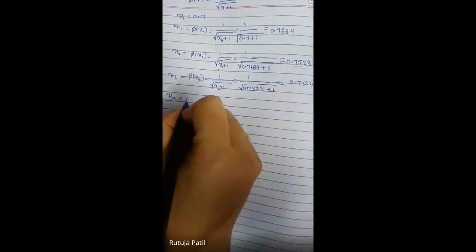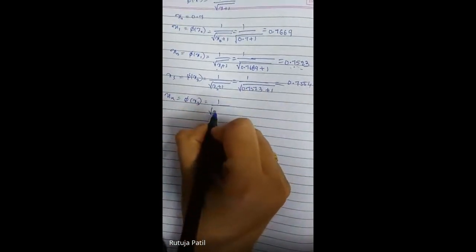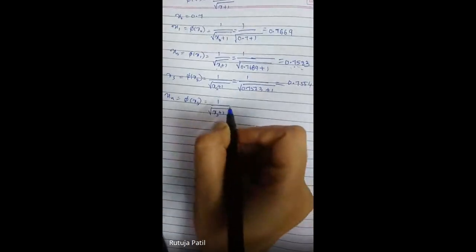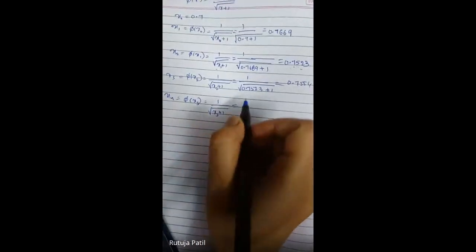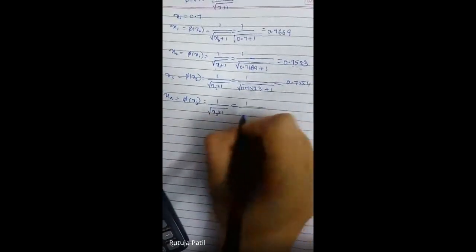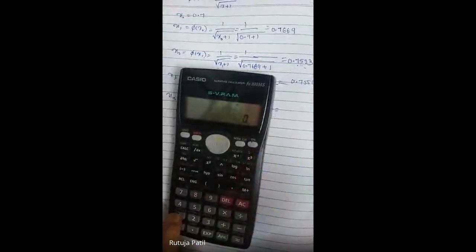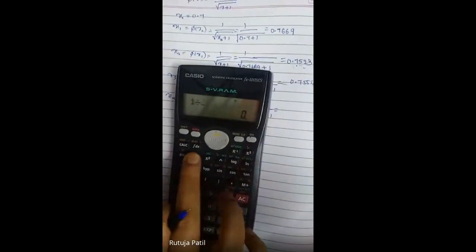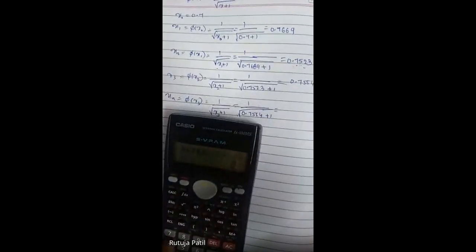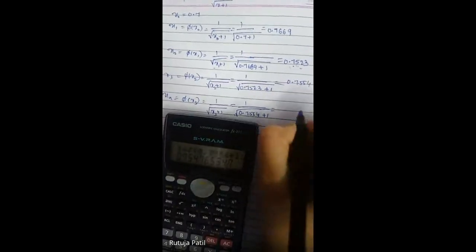Now x4 is psi of x3, that is 1 divided by square root of x3 plus 1. So 1 divided by square root of 0.7554 plus 1, that is 0.7548.